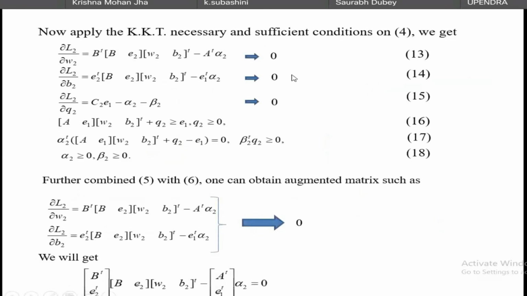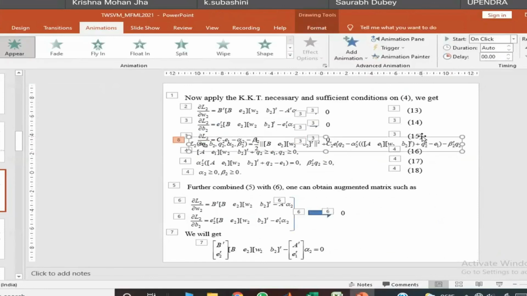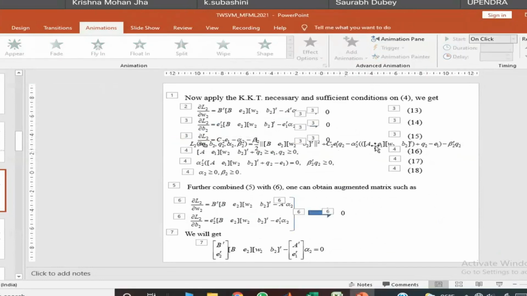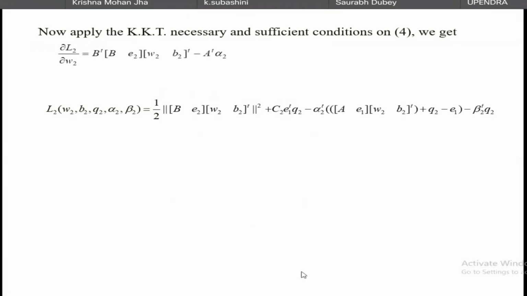So L2. When we take the partial derivative with respect to w2, obviously we get this particular form, because this is E2 w2 minus v2.